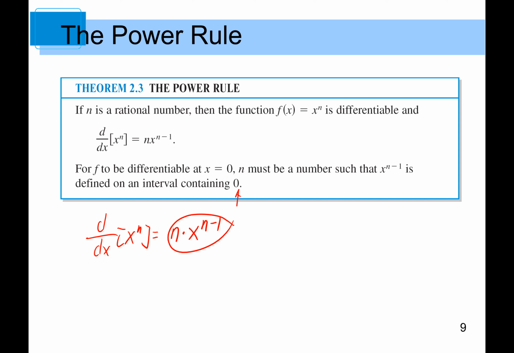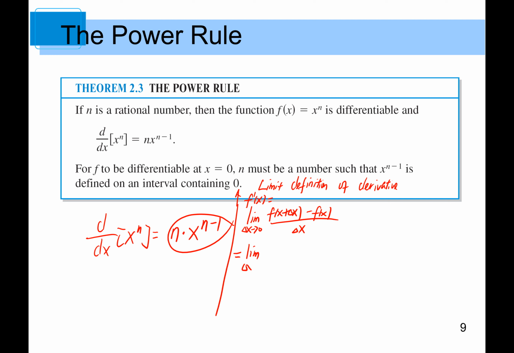So I have a limit as delta x approaches 0. f prime of x equals the limit as delta x approaches 0 of f of (x plus delta x) minus f of x, over delta x. First, let's see what that is. Since our f of x is x to the nth, f of (x plus delta x) should be (x plus delta x) to the nth.